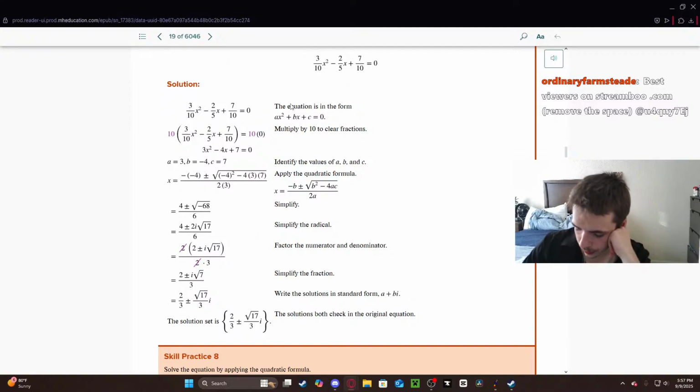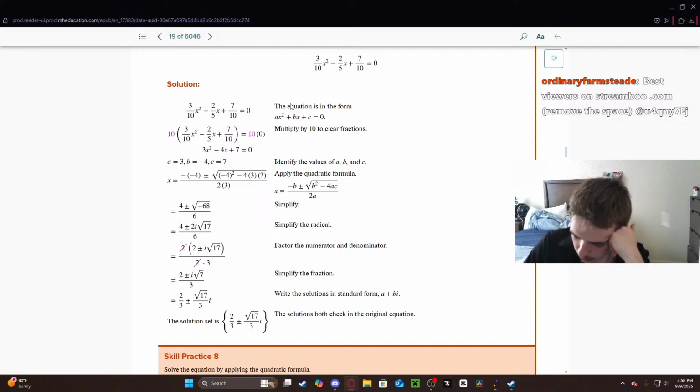So, okay, we put all that together, and we get negative 68 inside the fraction over 6 plus or minus positive 4. There we go. So we break down the square root, and we get 2i root 17 over 6 plus or minus 4 over 6.